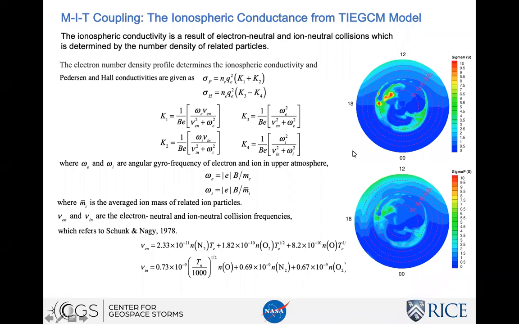Here are two examples in the simulation of how the conductance is shown in the TiGCM output. The conductance in the coupling will be fed back to the REMIX solver, which is a potential solver. So we will get a more self-consistent result in the electric potential.